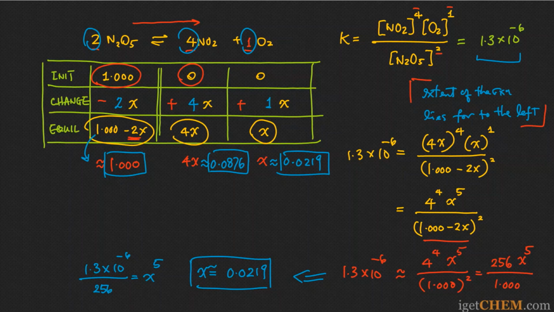So remember, the approximate answer is 1.000, but the actual answer should have been 1.000 minus 2x. So if you put this value of x equals 0.0219 into this, let me actually just write that down.